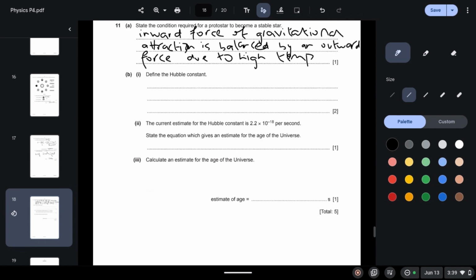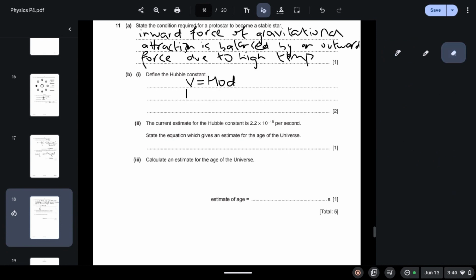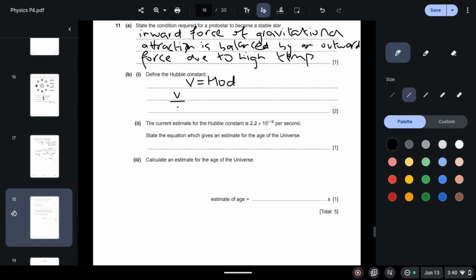Define the Hubble constant. So we know the formula is V is equal to H naught D. So you can manipulate this formula and this would be V over D is equal to H naught.